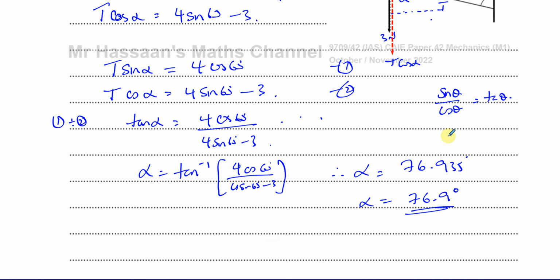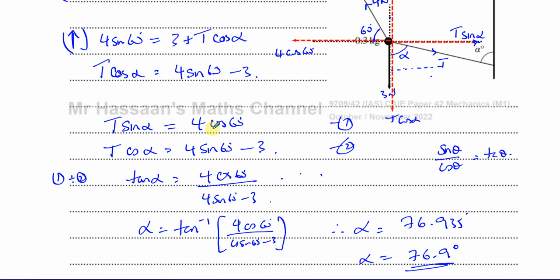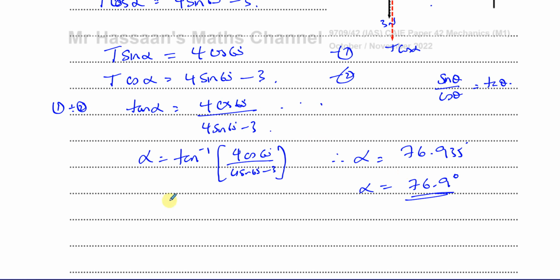Once we know what the tan of alpha is, we can then work out what T is. So I can say T is equal to 4 cosine 60 over the sine of alpha.